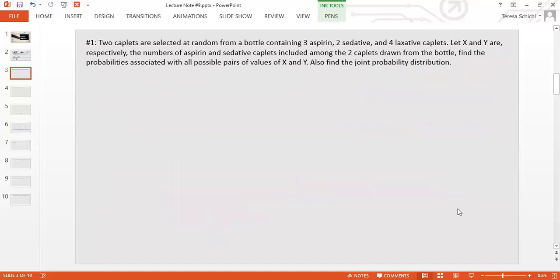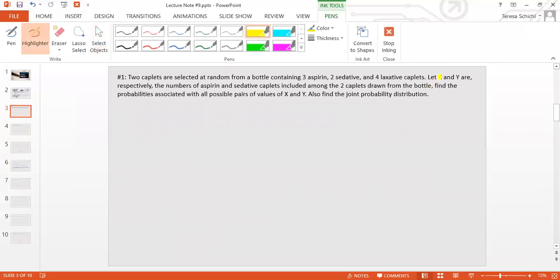Okay, so the first example here. Let's say two caplets are selected at random from a bottle containing 3 aspirins, 2 sedatives, and 4 laxative caplets. X and Y are the numbers of the aspirins and sedatives. Let's highlight: X is the number of aspirin caplets, and Y is the number of sedative caplets.